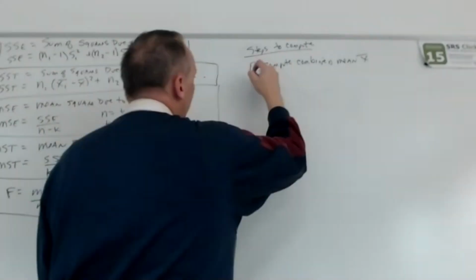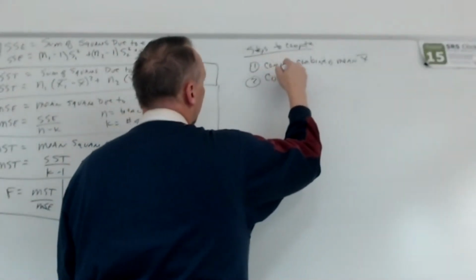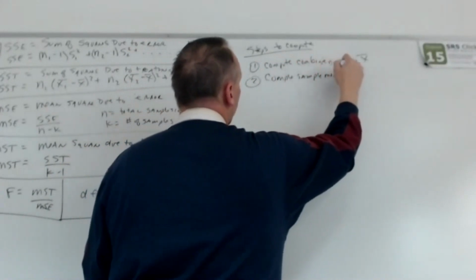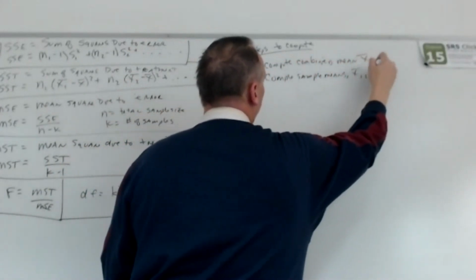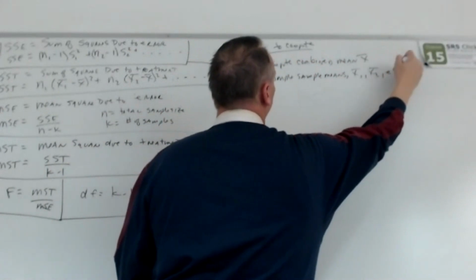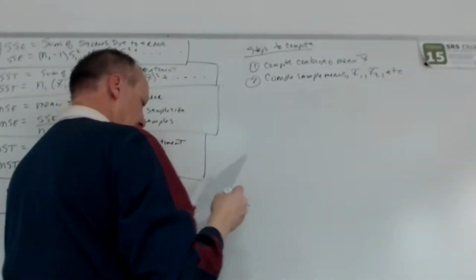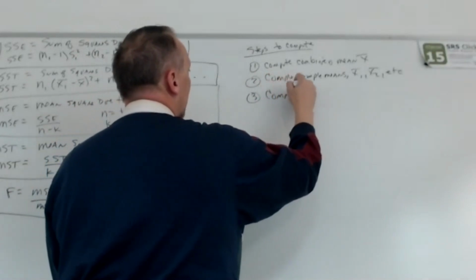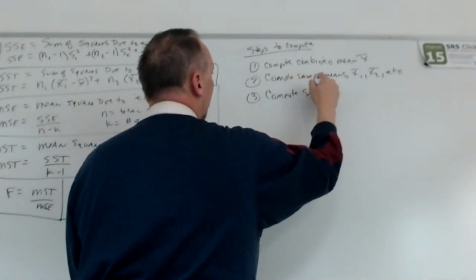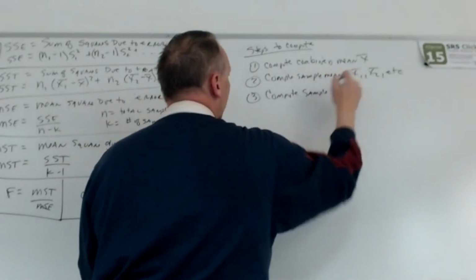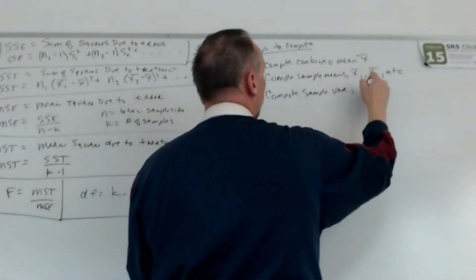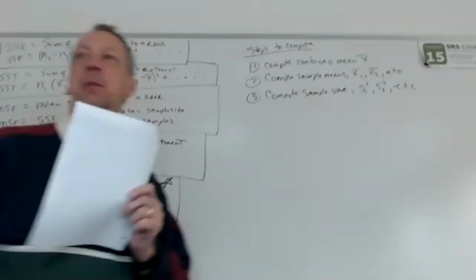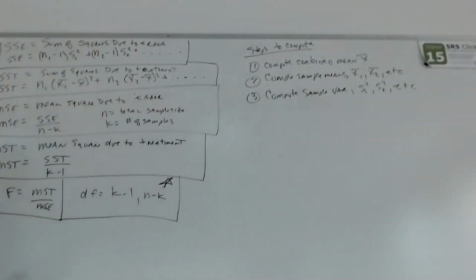And then two, compute sample means, X1 bar, X2 bar, etc. Number three, compute the sample variances. So S1 squared, S2 squared, etc. for as many samples as you have.